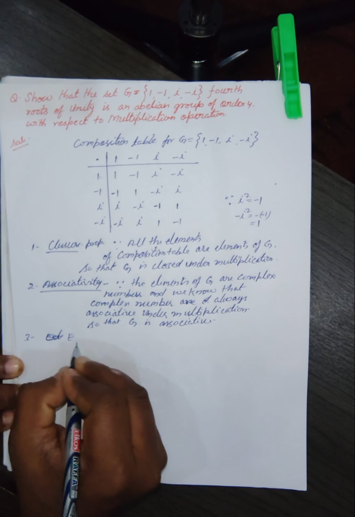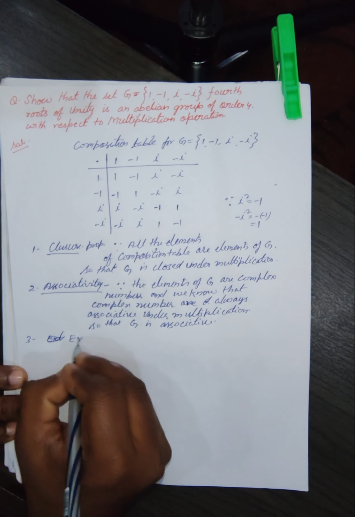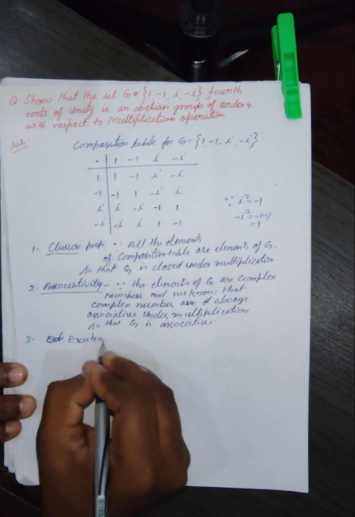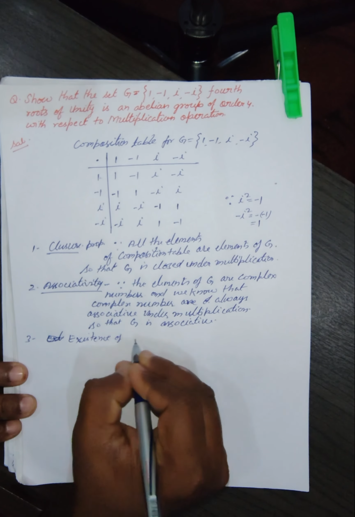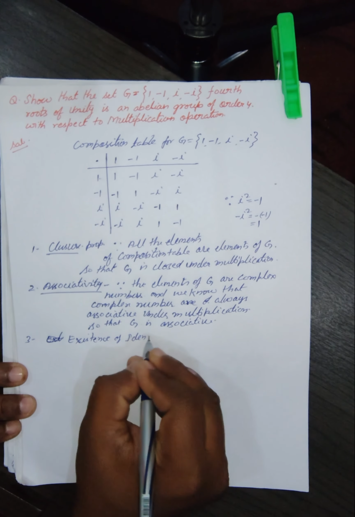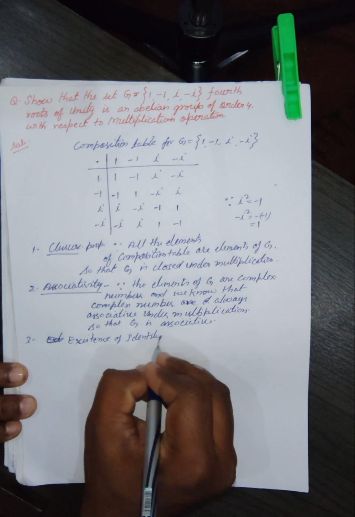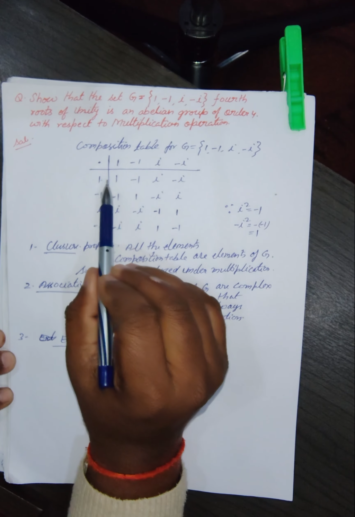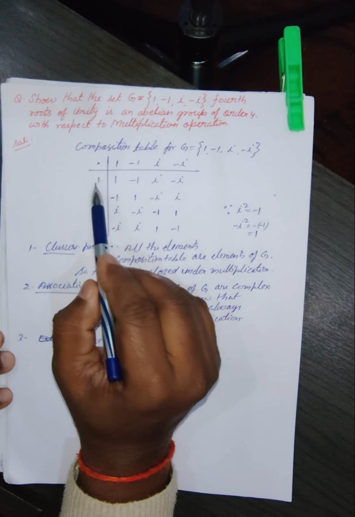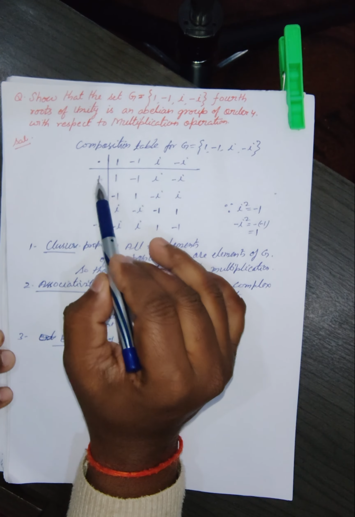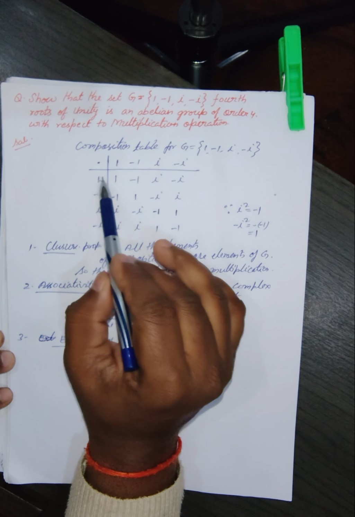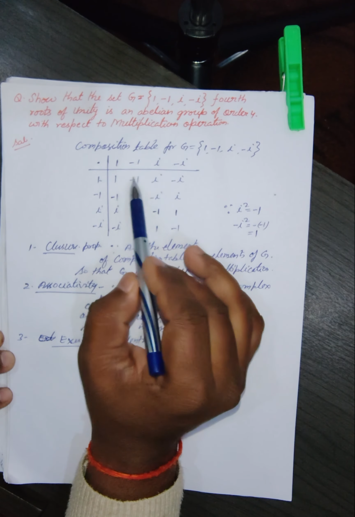Now, third property, existence of identity. Here it can be easily seen that the identity of G is 1. How? When we multiply all elements of G by 1, we get the same element.